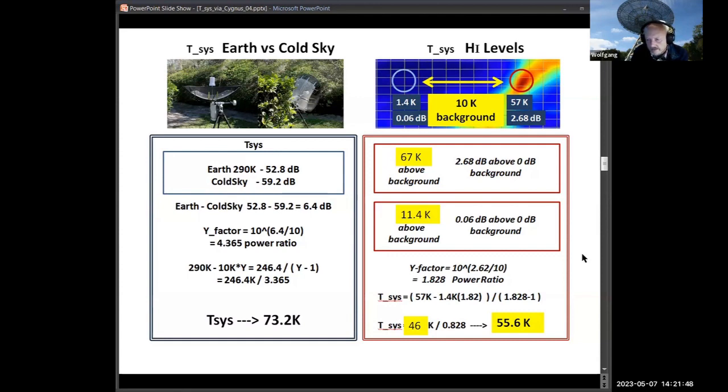You're looking into the galactic plane, so you have additional radiation coming in there. So you have the 57 Kelvin, but you have another background, which is some unknown number.